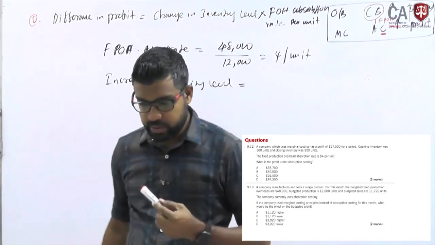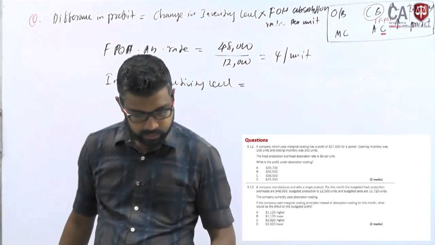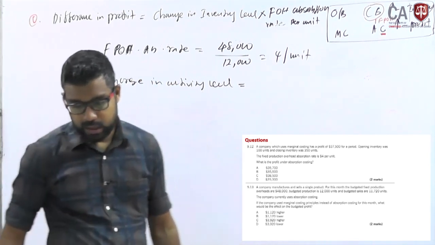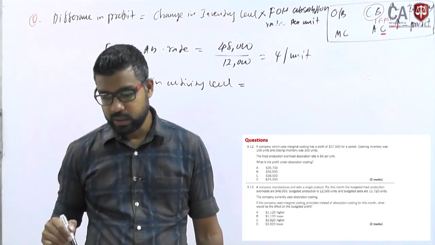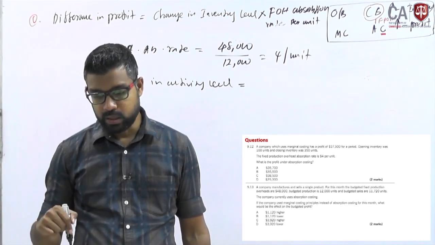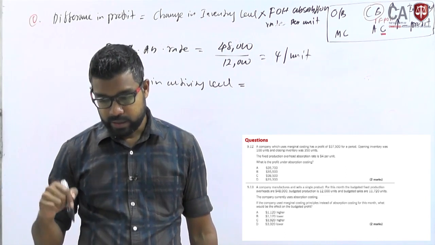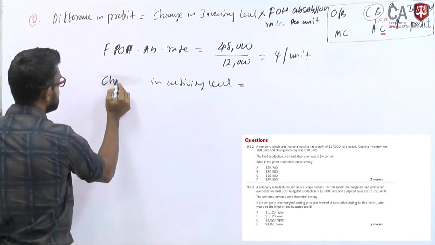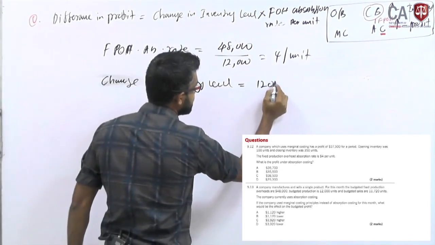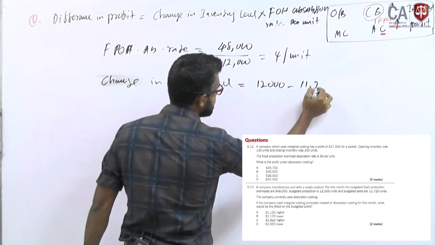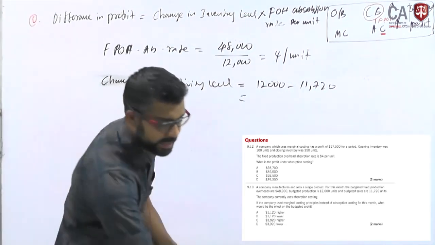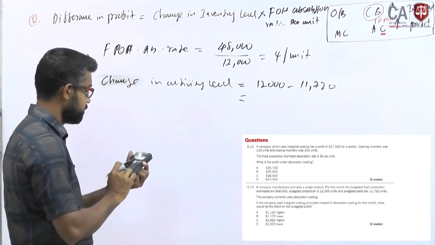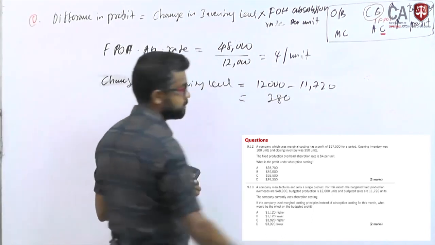Budgeted production 12,000, budgeted sales 11,720. The change is 280 units.